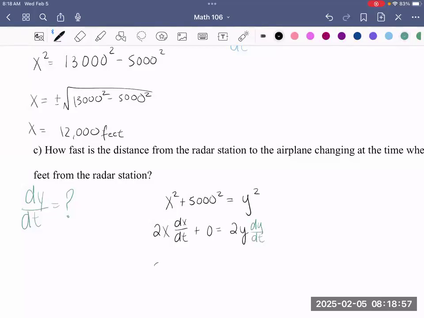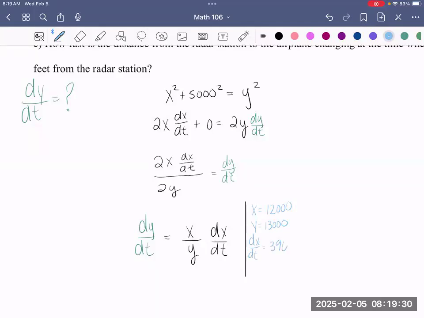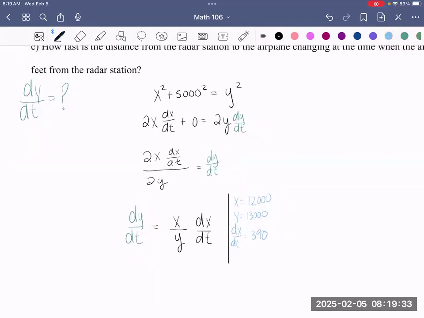Let's go ahead and solve. So dy dt is equal to x over y dx dt. When we know that x is equal to 12,000, y is equal to 13,000, and dx dt is equal to 390, let's go ahead and put that in.